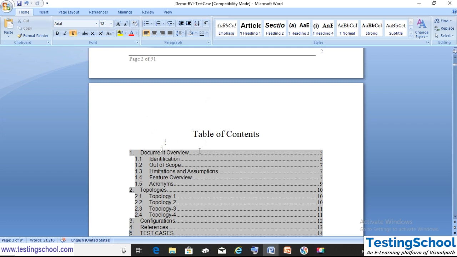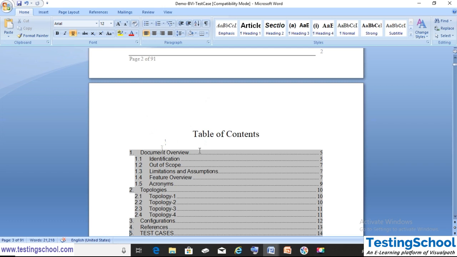Now references. What are the references you have followed? Like generally what people will do, they will give their RFC names whatever they have followed. Okay, or some document whatever they have followed, they will give that reference name. Okay, after that they will decide what all test cases are there. So you can see here BVI test cases 5.1.